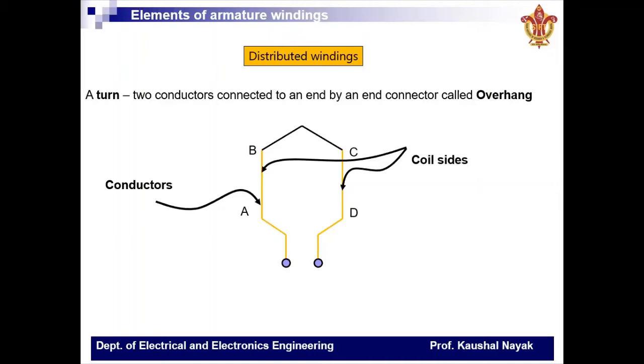The length BC merely is the end connector which completes the circuit for the turn or a coil but doesn't produce or participate in the energy conversion process.